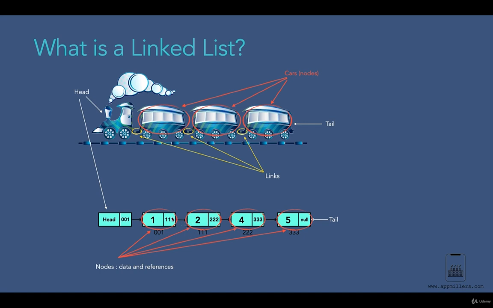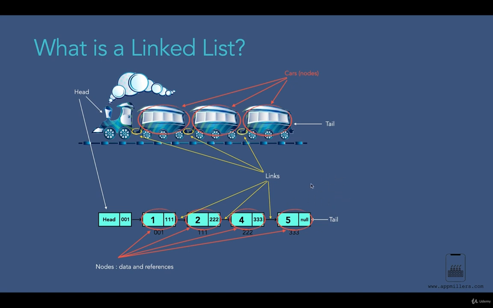We can easily see that these nodes are linked to each other with a link between them. In the case of a train also, the cars are linked together with these links. So in a linked list we also have links between nodes. And finally, the last node of the linked list is called the tail, because the pointer is null. There is no link to other nodes from this node.